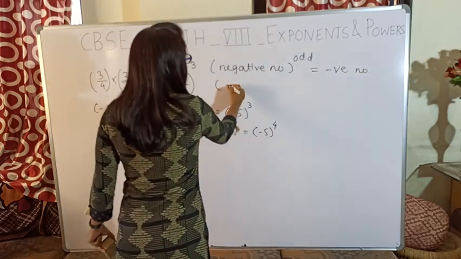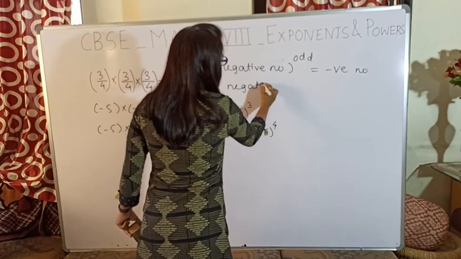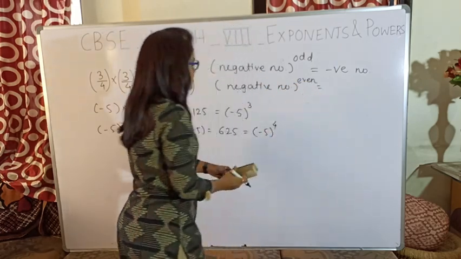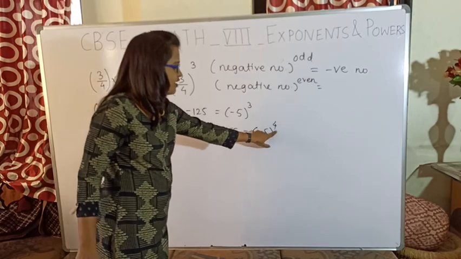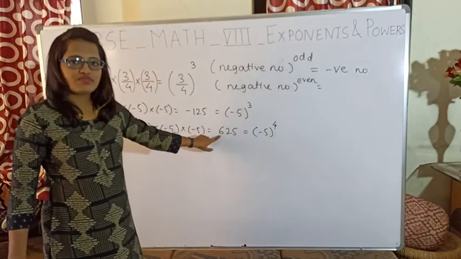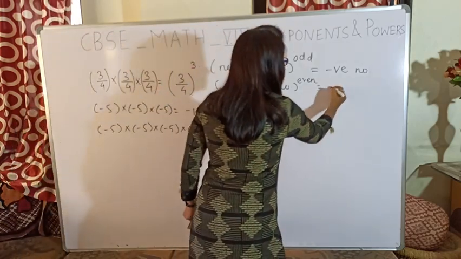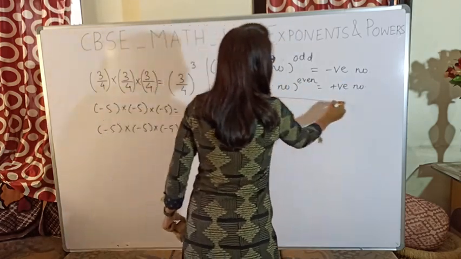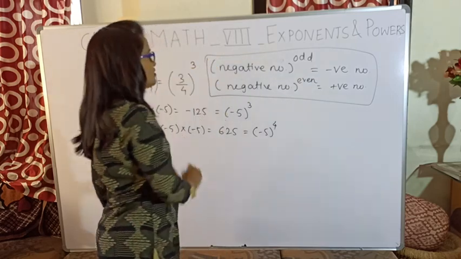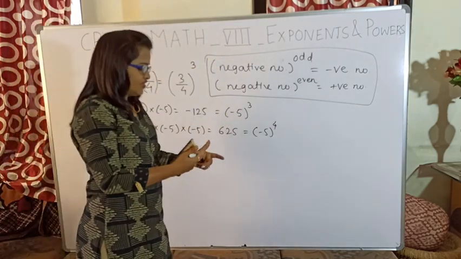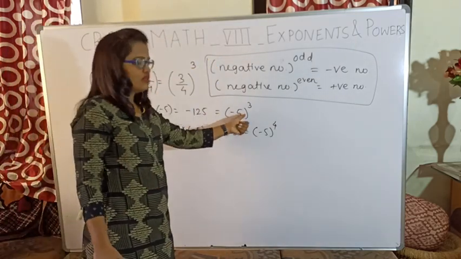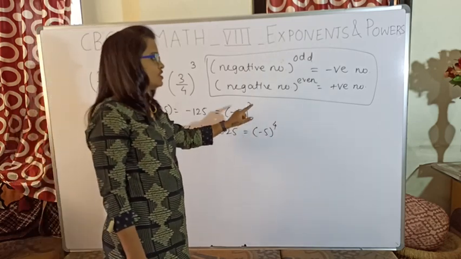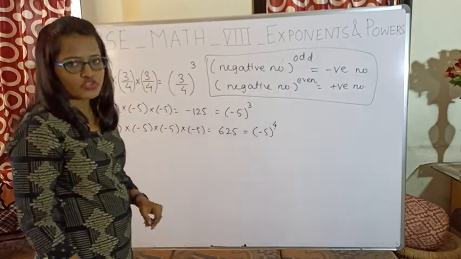Whereas if a negative number has an even power, what is the answer? Positive or negative? It is always positive. Okay, so this is the rule you have to learn. If the power of a negative number is odd, the answer will always be negative. If the power of the negative number is even, the answer will always be positive.